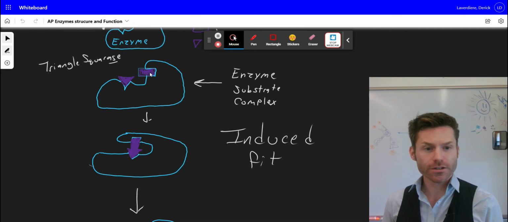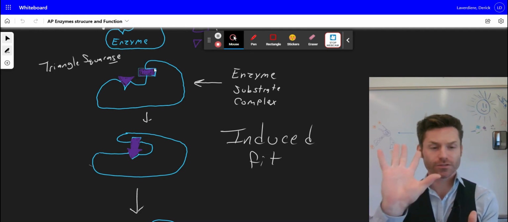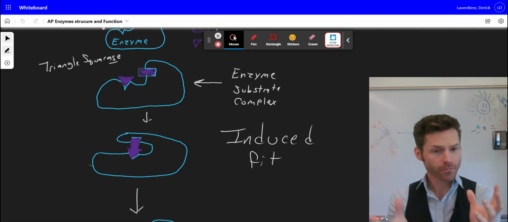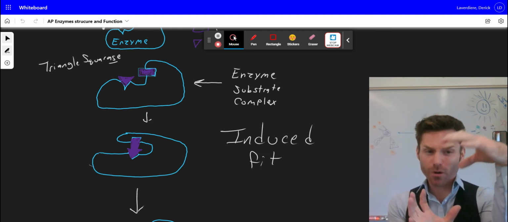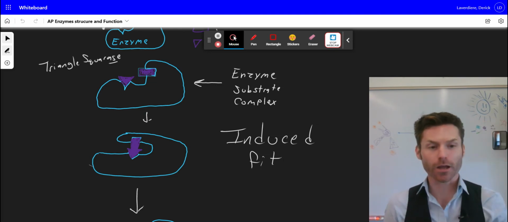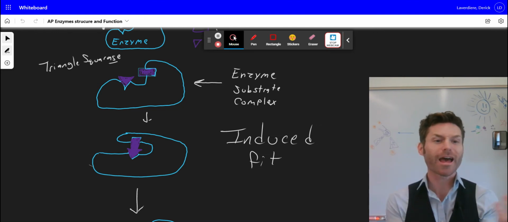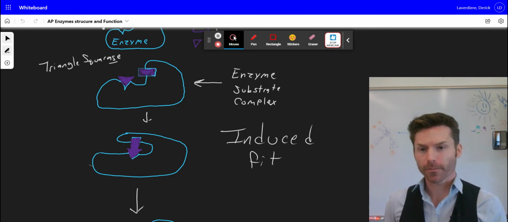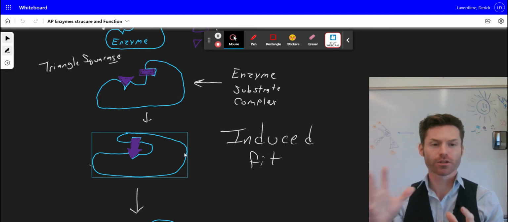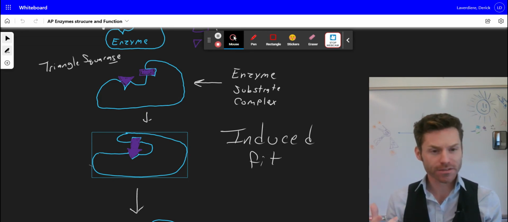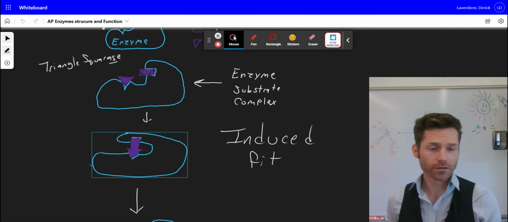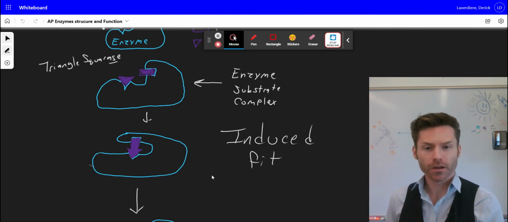Each of these substrates is going to have a certain orientation that is required for the reaction to occur, and this change in enzyme shape is going to induce that orientation. And so this interaction between the substrate and the enzyme, and the change in shapes that are induced because of this interaction, is referred to as the induced fit model.